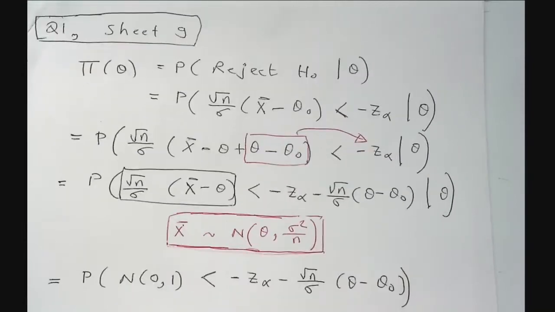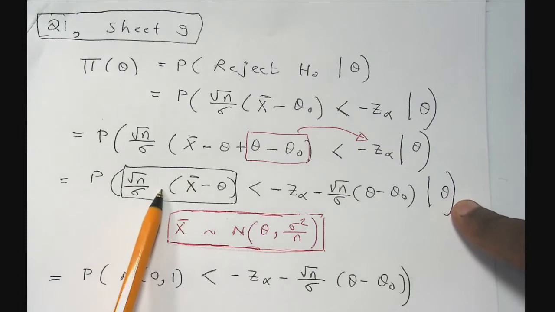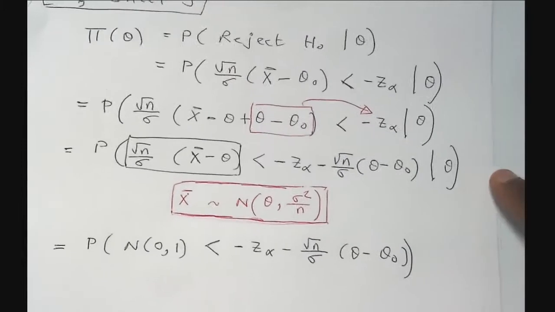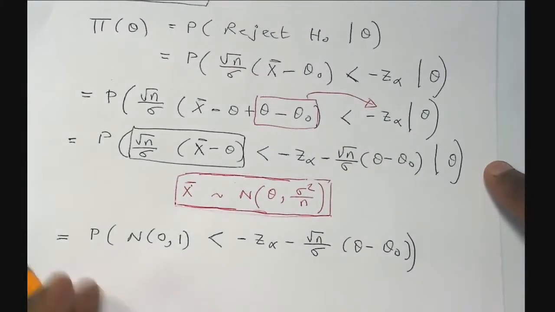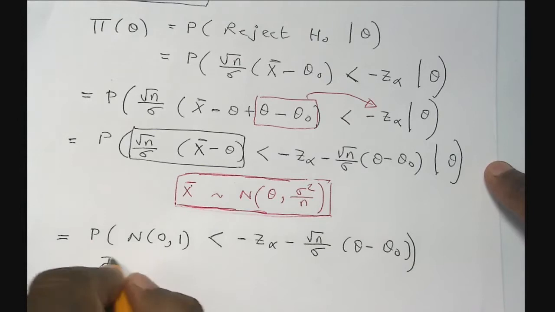Remember that the conditioning has been dropped at this step, because I used the conditioning that the true population mean is theta to argue that this has a standard normal distribution. Therefore we don't need the conditioning anymore. The final step is you can write this as Phi.